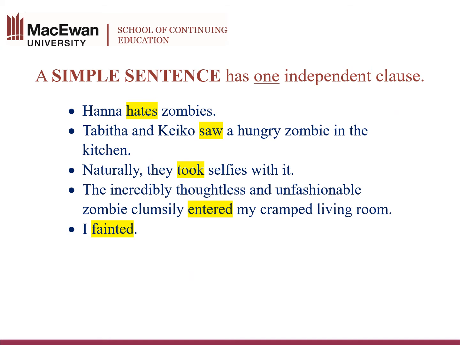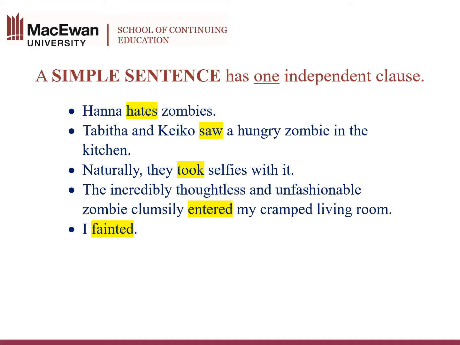So let's put some of these together now. There are four main types of sentences. The first one is the simple sentence, and this has one independent clause, so there are no dependent clauses here. It has to be a complete thought. So, Hannah hates zombies. Tabitha and Keiko saw a hungry zombie in the kitchen.